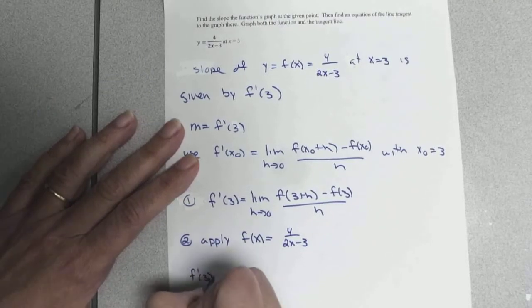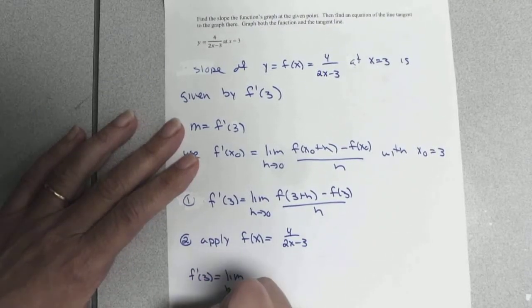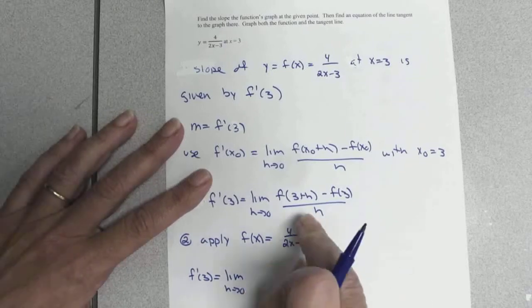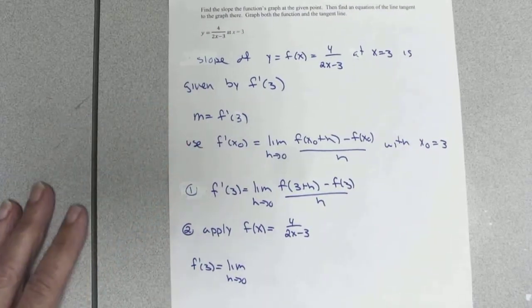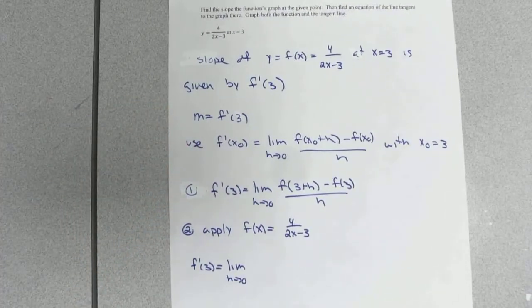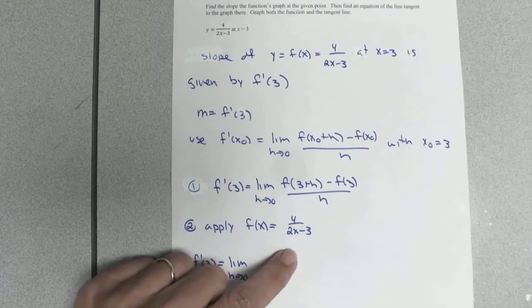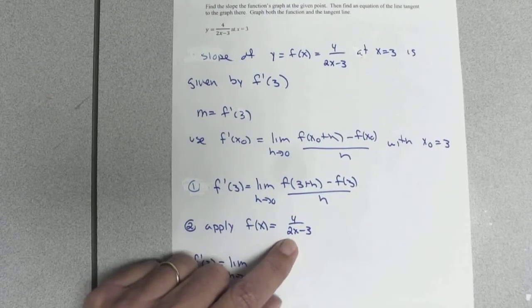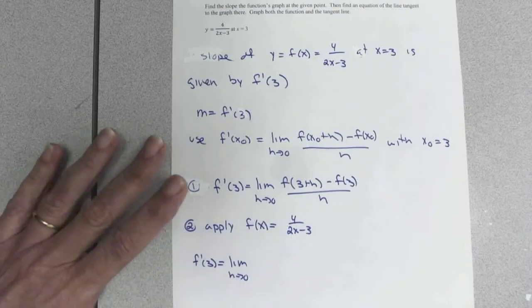So f prime of 3 is going to be the limit as h goes to 0. Now, f of 3 plus h, and one of the most common mistakes people make is right here, what that symbol means. F of 3 plus h means take your formula for f, whatever it is, in this case 4 over 2x minus 3, take your formula for f, replace the x with whatever's in parentheses.